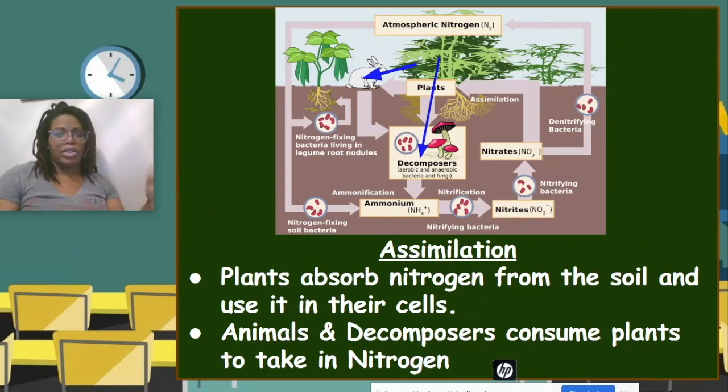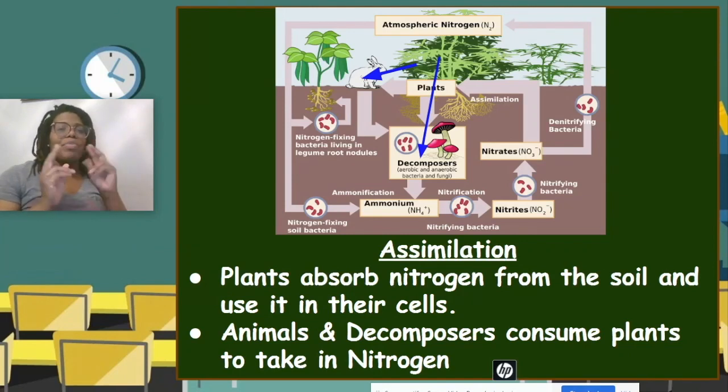Now, I will admit the nitrogen cycle can be a little bit more complex comparing it to the carbon cycle and the water cycle. But what I really want you to know is that nitrogen is important. The nitrogen that is on our planet, most of it is not in a form that we can use as humans, and plants and decomposers can't use it either.